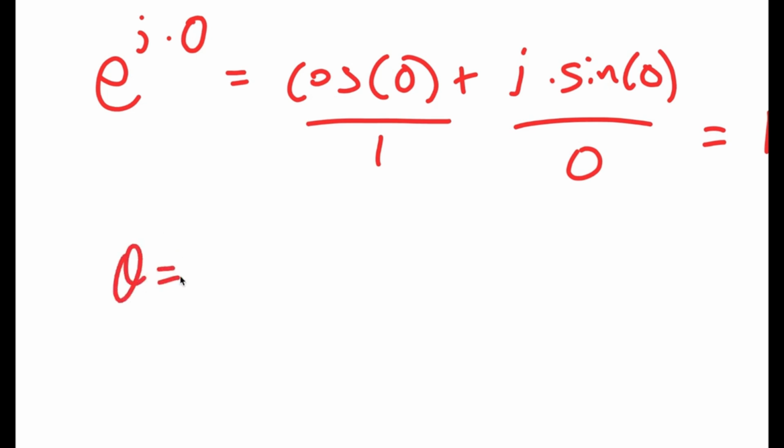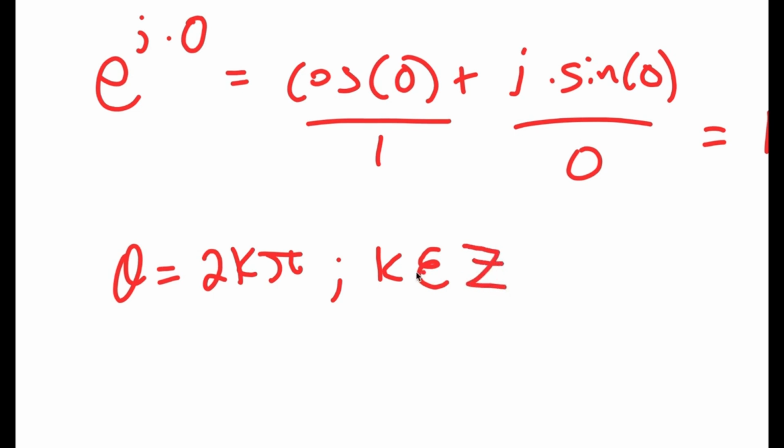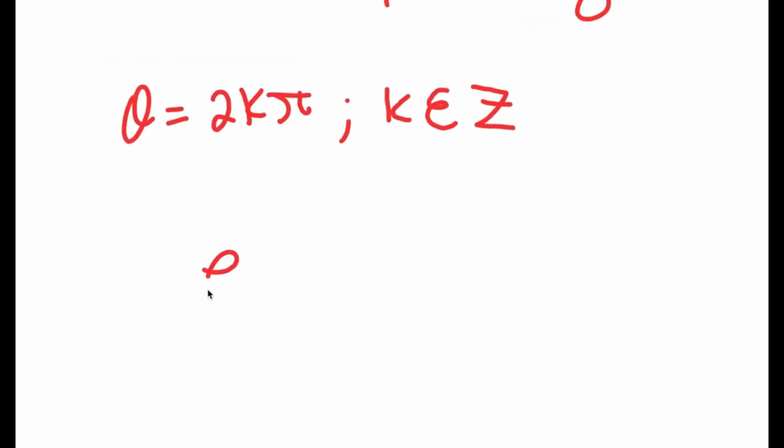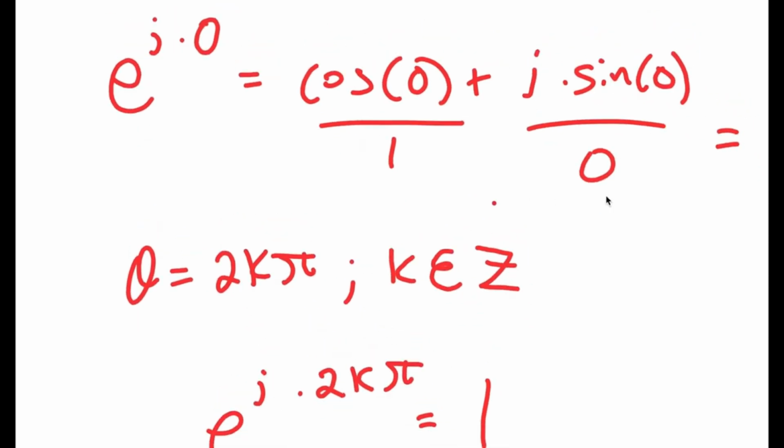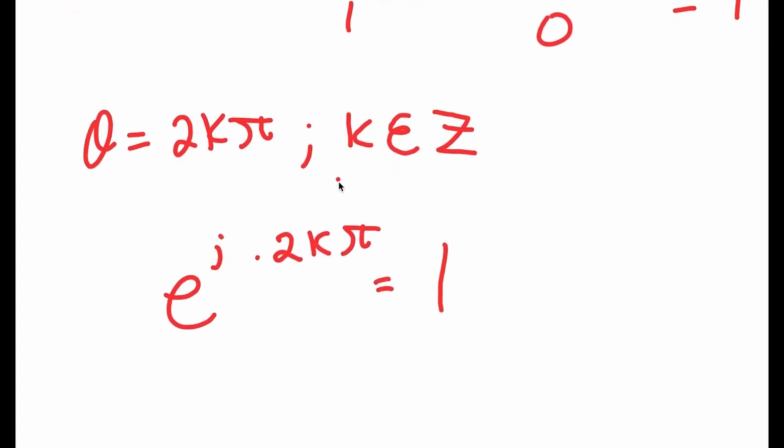Now, what if we say theta is equal to 2k pi? And k is just a substitution for all integers. Now I get e to the power of i times 2k pi is equal to 1, because all we did was substitute theta for 2k pi into this same thing.